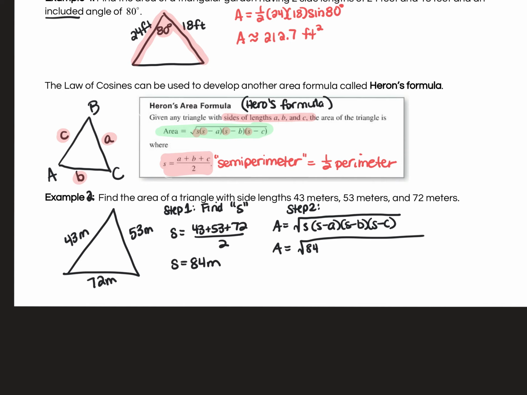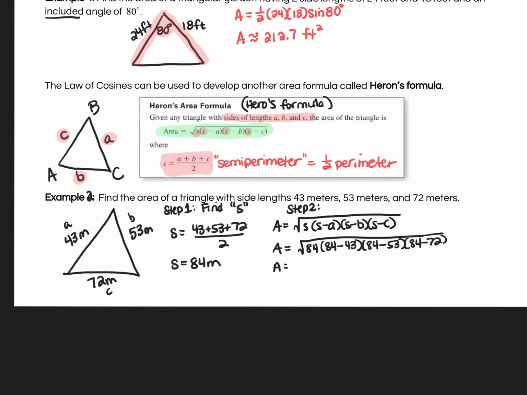So in this case, I'm going to have 84 times 84 minus, it really doesn't matter what you call A, B, or C, I'll just label them as seen. 84 minus 53, and then 84 minus 72. And then this is just a long calculation that you need to do. You can do this all in one big step if you'd like.